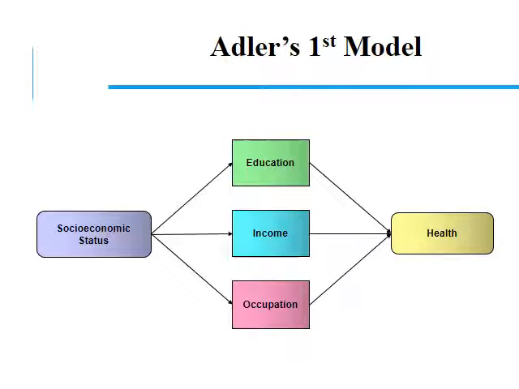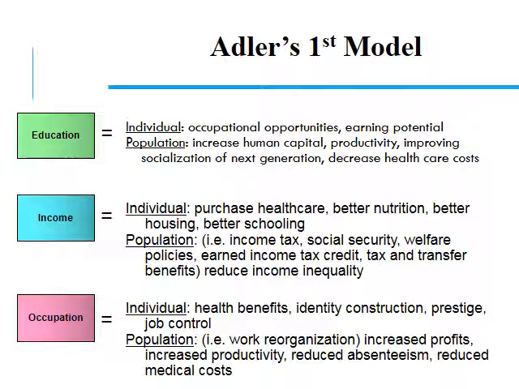If you have minimal education, you're going to have a lower earning potential and income and get a lower ranked position. And these all in turn translate into health impacts.